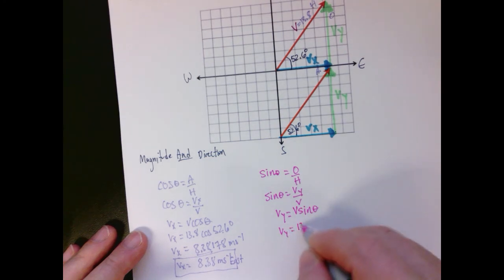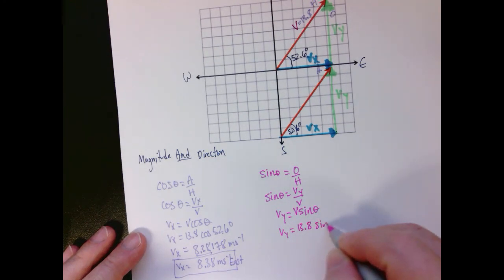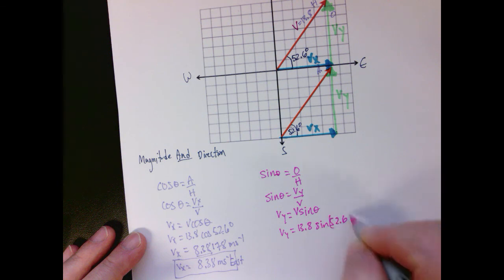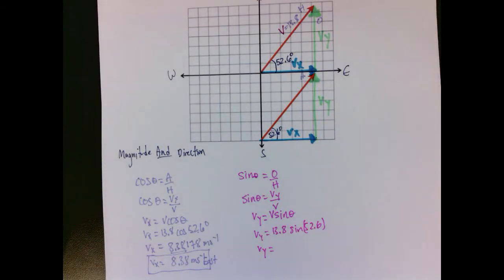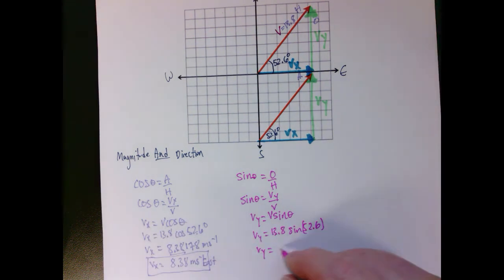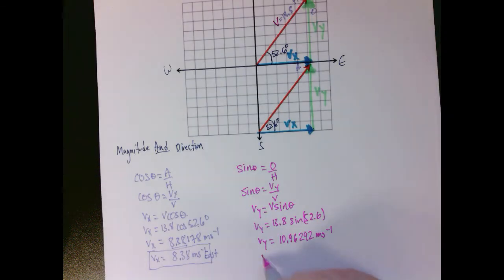Vy then is 13.8 times the sine of 52.6. So Vy is 10.96292 meters per second. And again, 3 significant digits in the primary data.